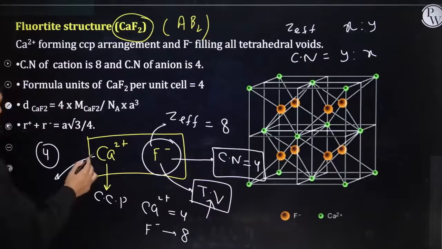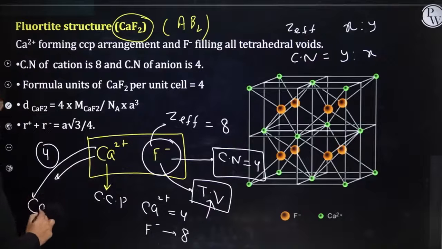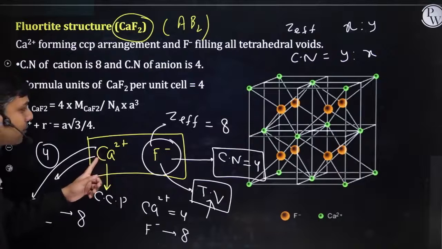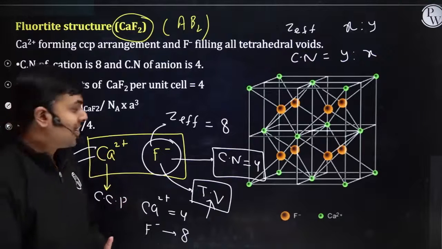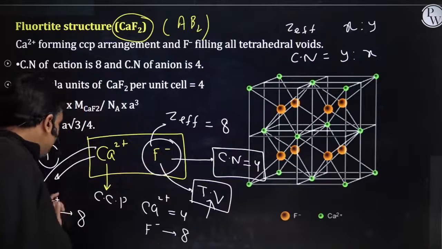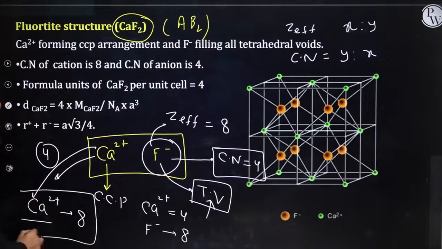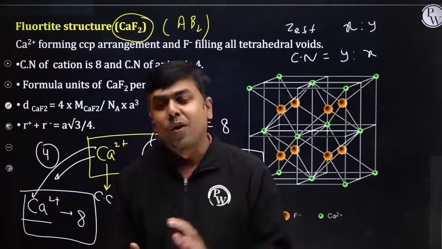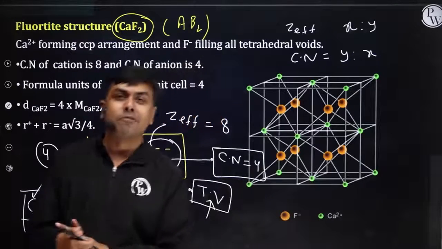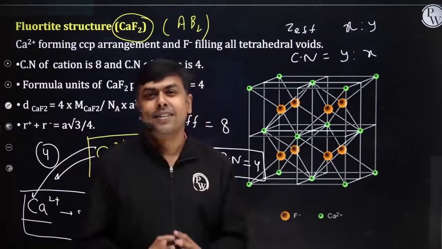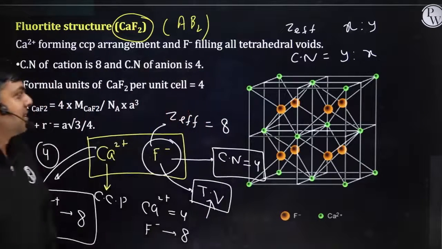So what will be the coordination number for this calcium ion? 8, because Z effective for this calcium was 4 and Z effective for this fluoride was 8. So coordination number of Ca2+ will be 8, and coordination number of F- in fluorite structure will be 4. Am I clear? Let's move ahead.